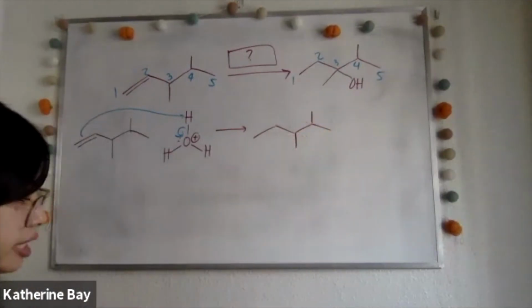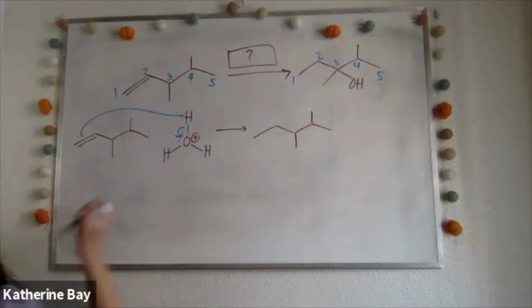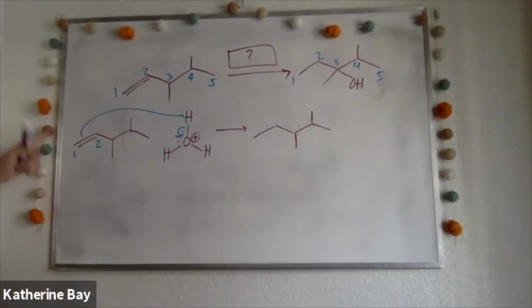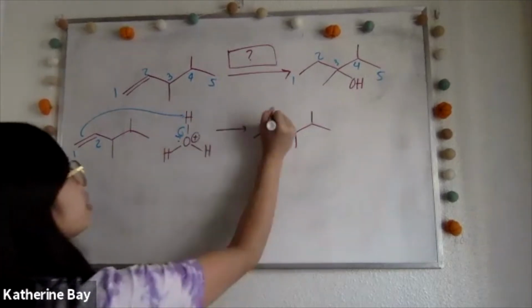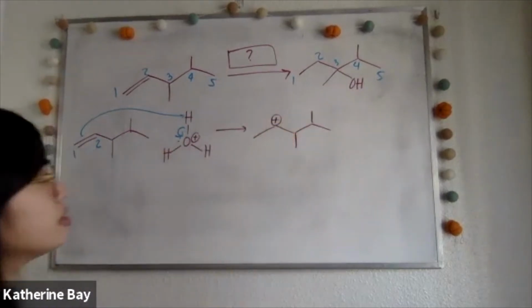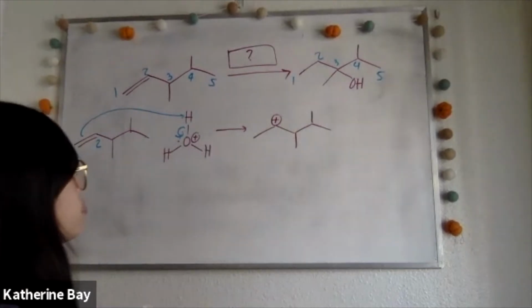So if we take a look at the carbons, C1 versus C2, C1 has 2 H's, C2 has 1 H. The H of H3O+ will want to go to the side with more H's. So in this case, it'll go to C1, which means the carbocation should go on to the C2 position.